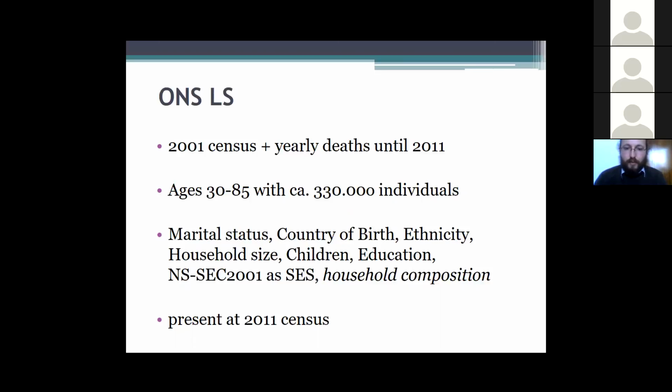We control for country of birth, ethnicity, household size, children, education, and socioeconomic status, for which we use the National Statistics SEC 2001. Further, we also use the household position variable, not as a control variable, but to construct our partnership status variable, which I will come to in a moment.